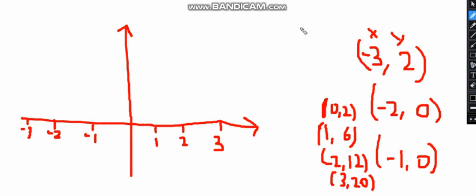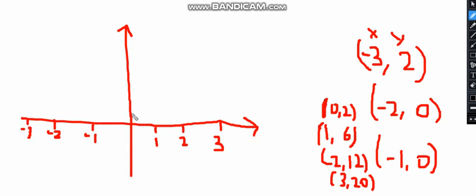Okay, so now it comes to the time when we have to plot our points then on the graph. So we'll start from left to right as we start on the left hand side here. So we'll go to our first point that we got, -3 and 2. So we go to the x first of all, which is -3.